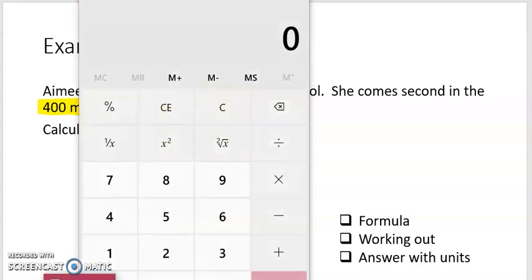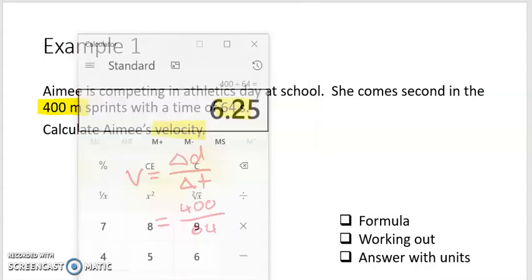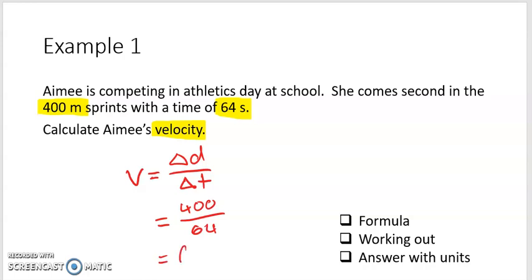So to get our answer, we need to do 400 divided by 64, which gives us our answer of 6.25. And we need to make sure we include units. So since it's velocity, it's metres per second.